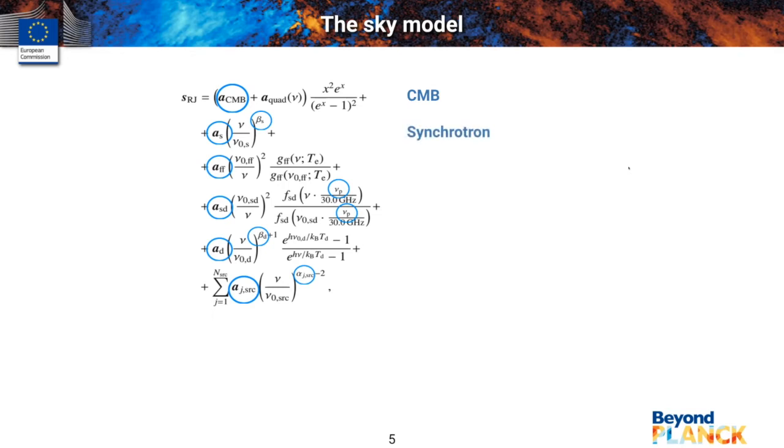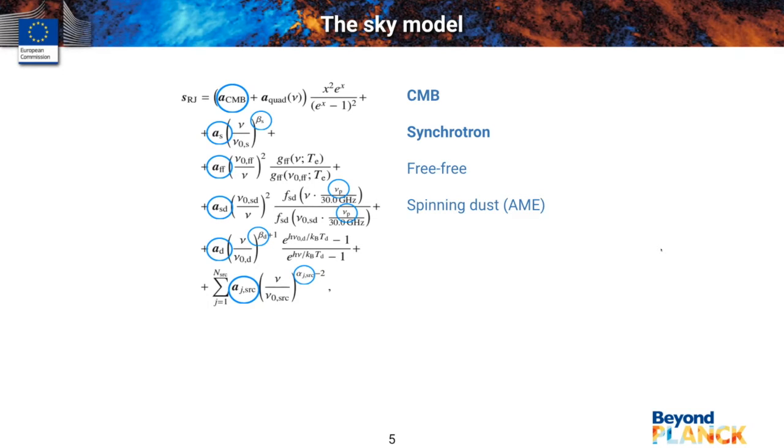And the synchrotron component modeled by a power law with an amplitude and a power law index. The free-free, which is only sampled in intensity, hence the thinner font here. And here it also has the amplitude, but a fixed electron temperature, which we will come back to.